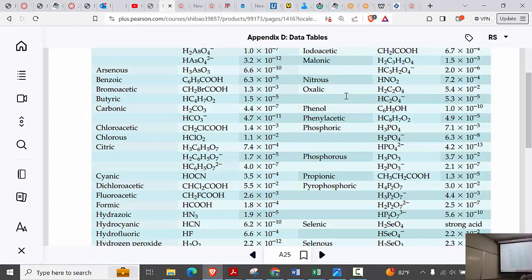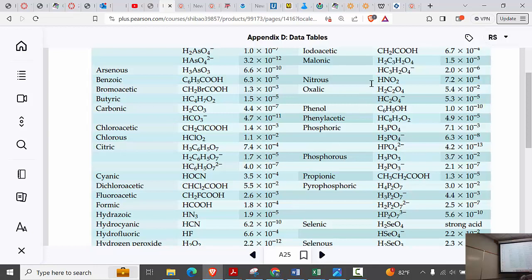Oxalic is somewhat toxic. Because oxalate is a good chelating agent, it can cause trouble with your ion balance, electrolyte balance.